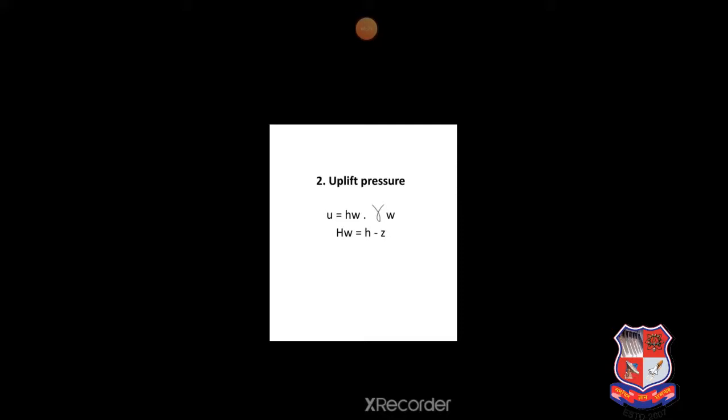Friends, uplift pressure is very important for stability of masonry dam. The weight of dam is in downward direction and the uplift pressure is in upward direction. Therefore, the stability of dam decreases. We can decrease the uplift pressure by constructing a vertical cutoff wall near the upstream base of a dam.